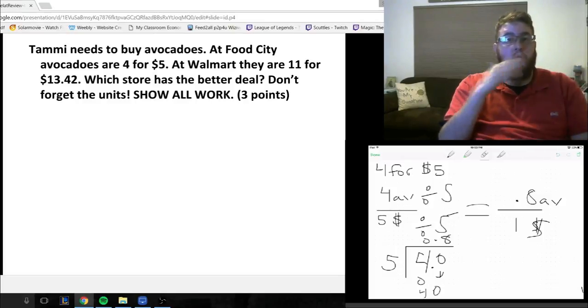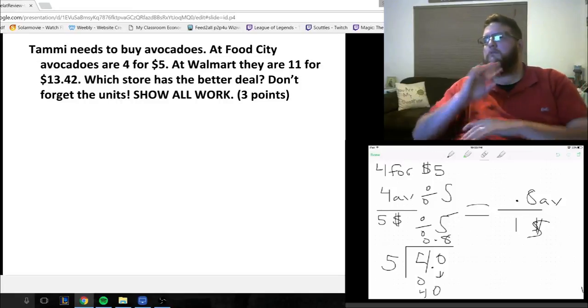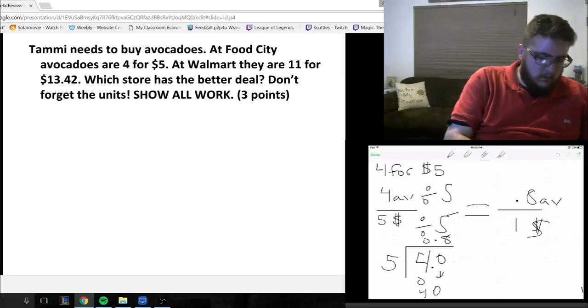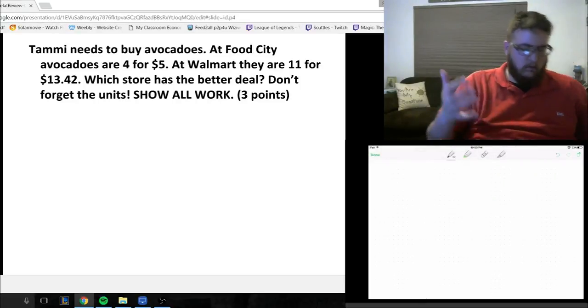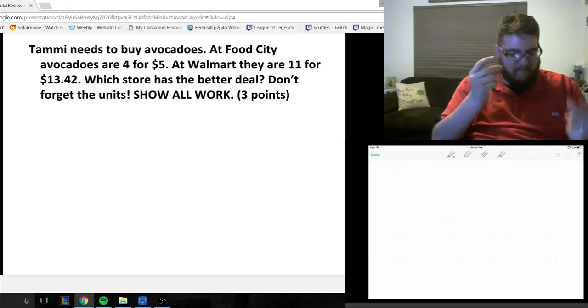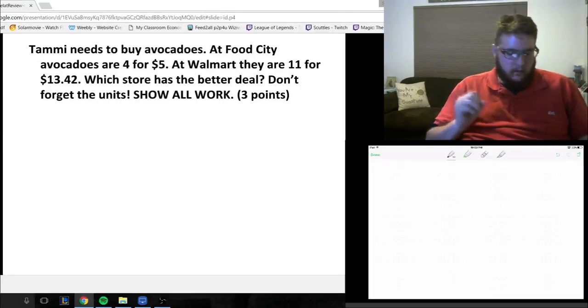So when we set up Walmart's ratio, we must also set up avocados per dollar, not dollars per avocado. So now you'll notice that I just figured out how to erase the entire slide, which was a great breakthrough in technology for me.